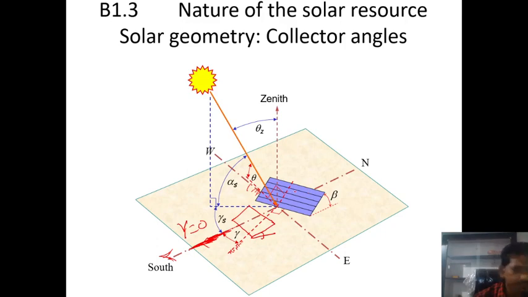So calculate the angle made by a beam radiation with normal to a flat plate collector. This is our flat plate collector. What do we determine? We determine this angle theta, the angle of incidence, made between these sun rays and the normal to the flat plate collector, guys. Yes or no? Yes, we determine this theta angle.